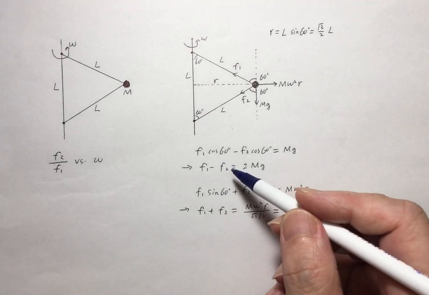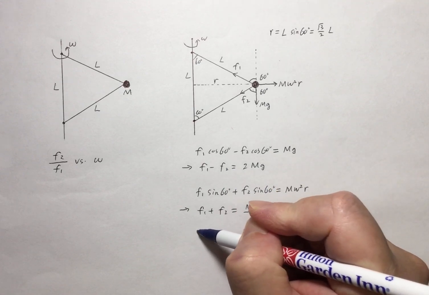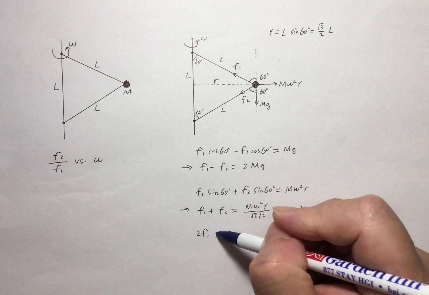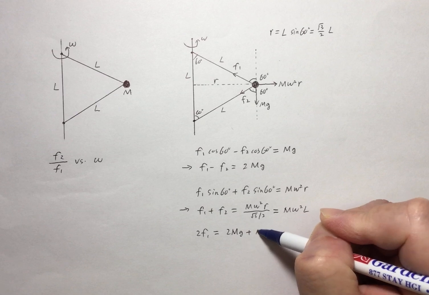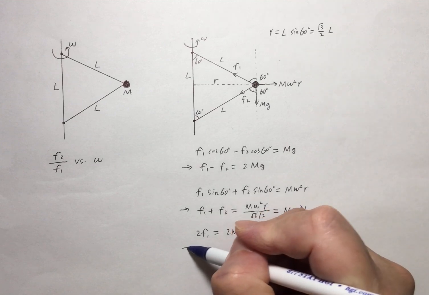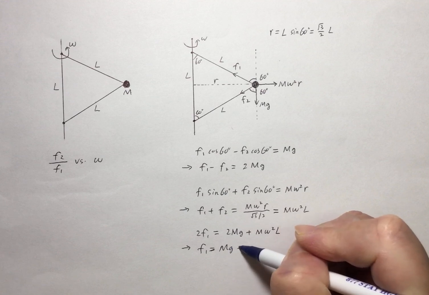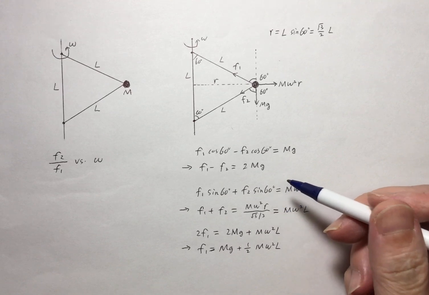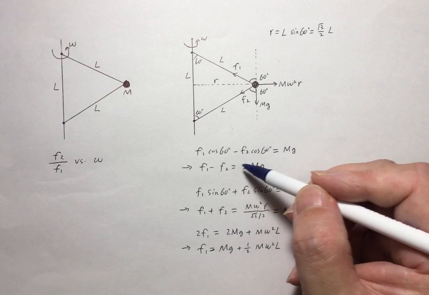we add up these two equations. So we have 2F1, and F2 is eliminated. That equals 2mg plus m omega square L. So F1 is mg plus half m omega square L. Then we plug this here.